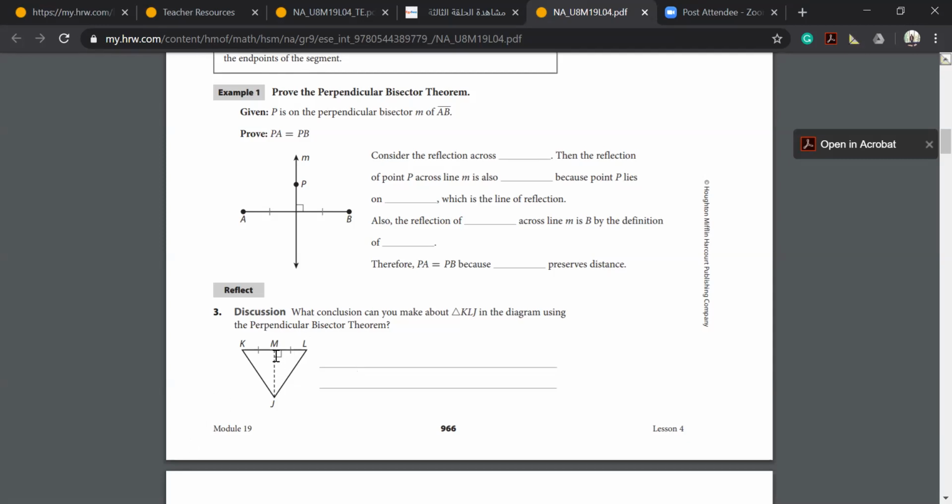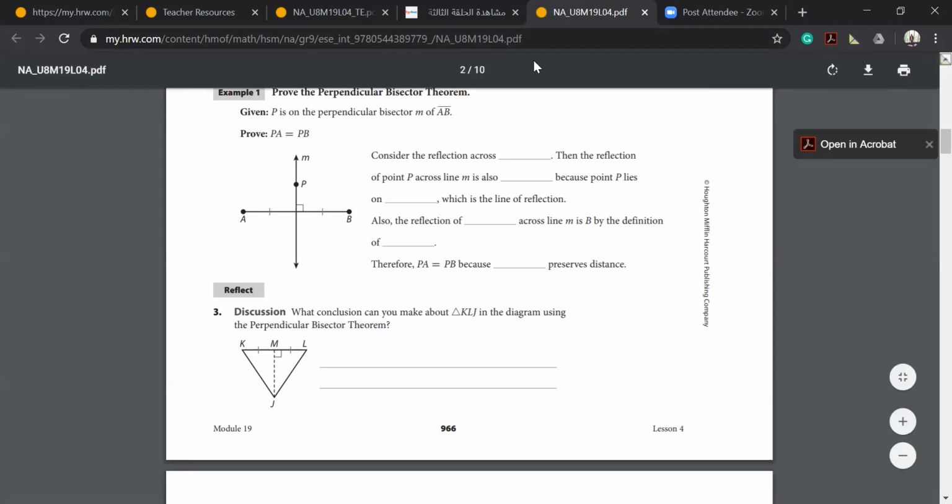I found that this angle is 90. These two parts are equal. So this is the perpendicular bisector of KL. Since it is the perpendicular bisector, using the perpendicular bisector theorem, I can say that JK is equal to JL. So this is what we are going to be writing in here. Very good.